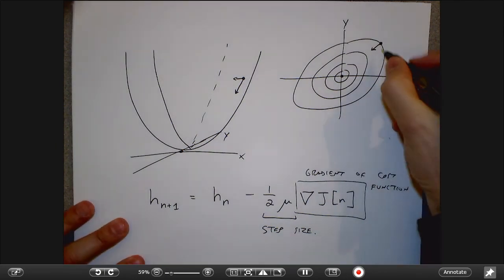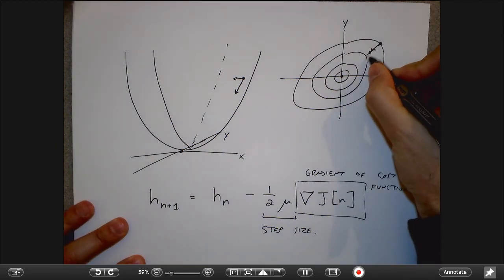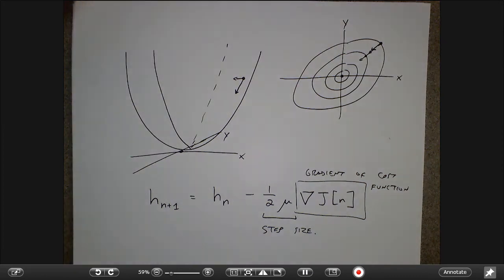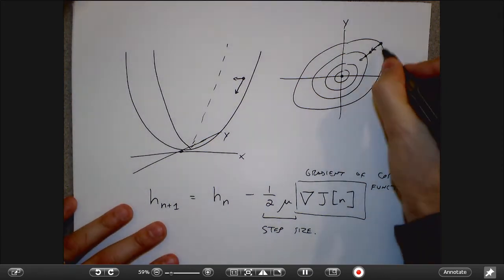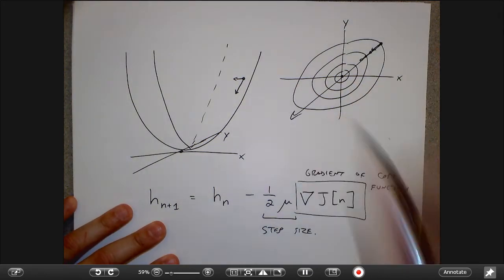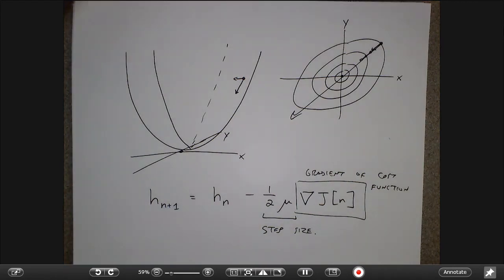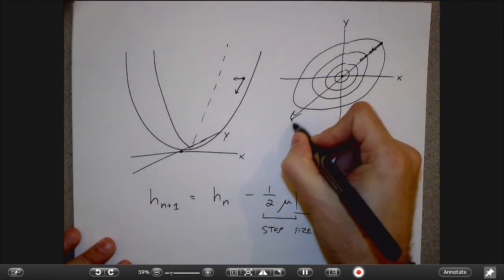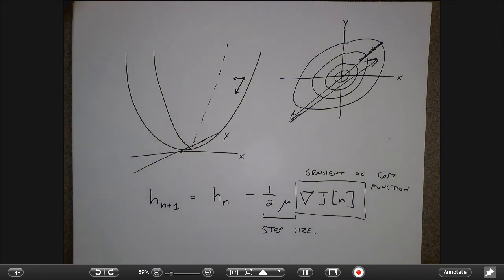If I take small steps along the gradient, eventually I'm going to get towards the middle of the bowl. If I took a huge step along the gradient, I might just fly right past the minimum, and then over here I would seesaw back and forth and take another big step. So the tuning of how big of a step I take along the gradient in every iteration is really important when it comes to figuring out whether an algorithm like this will actually work.